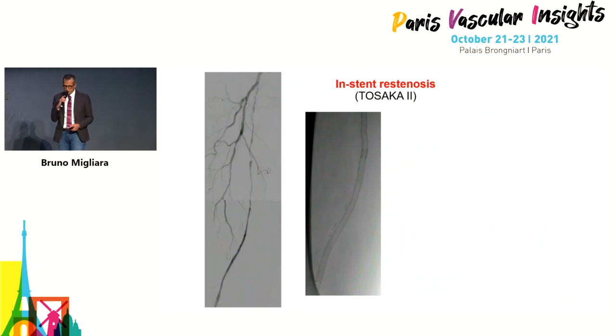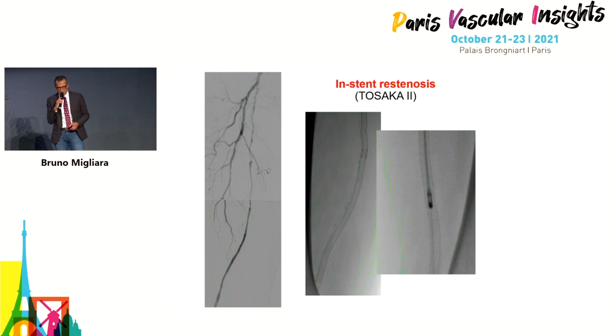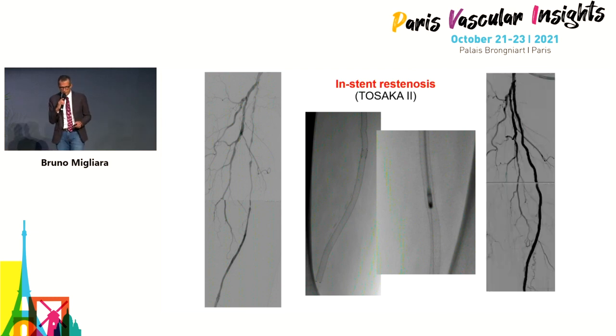This is just an example, a very long in-stent restenosis without stent fracture, a typical Tosaka 2 lesion. In this case, we use a Rotarex 8 French. This in order to obtain the debulking and the removal of the hyperplasia, and this is the final result with a complete recanalization of this stent without a residual stenosis.